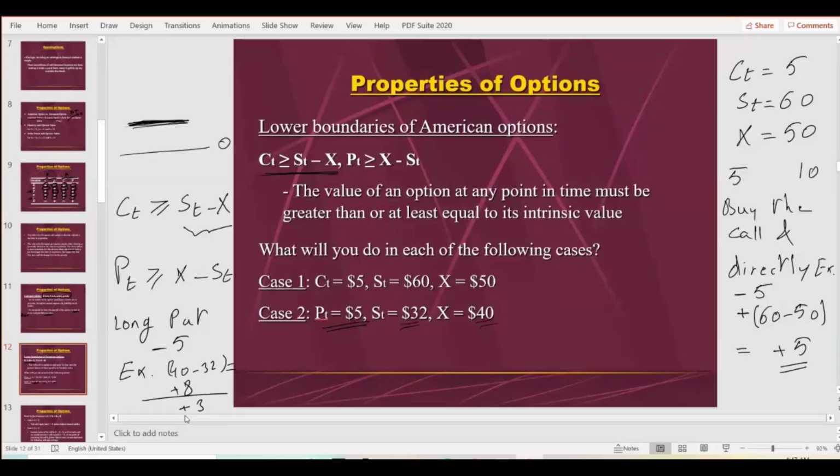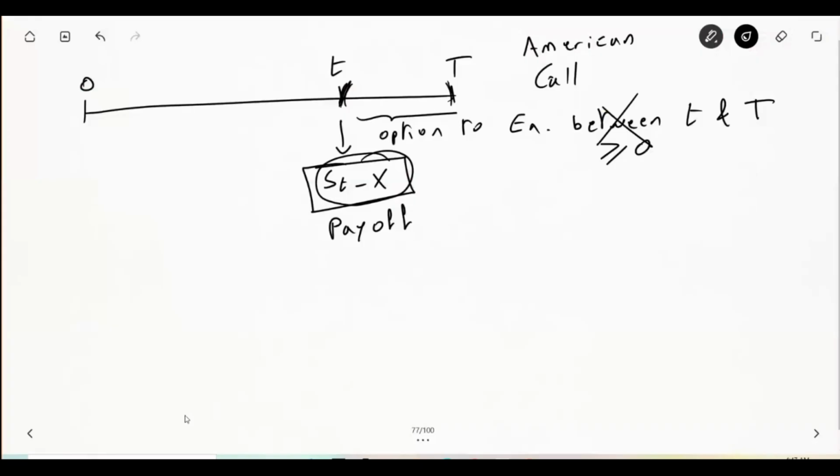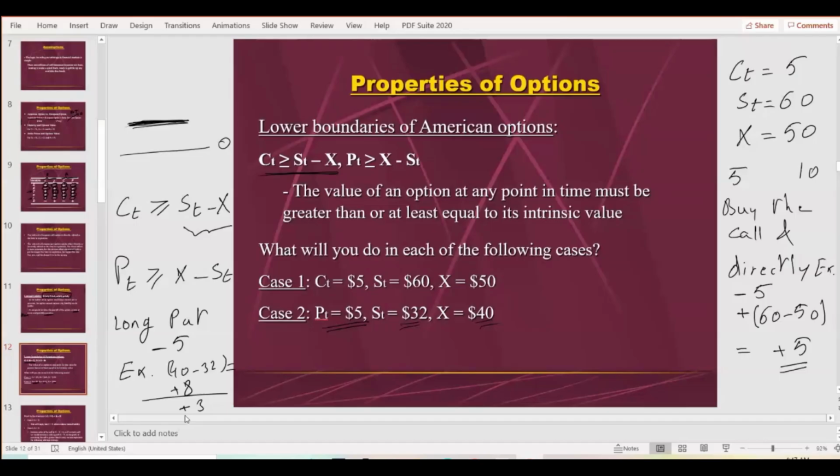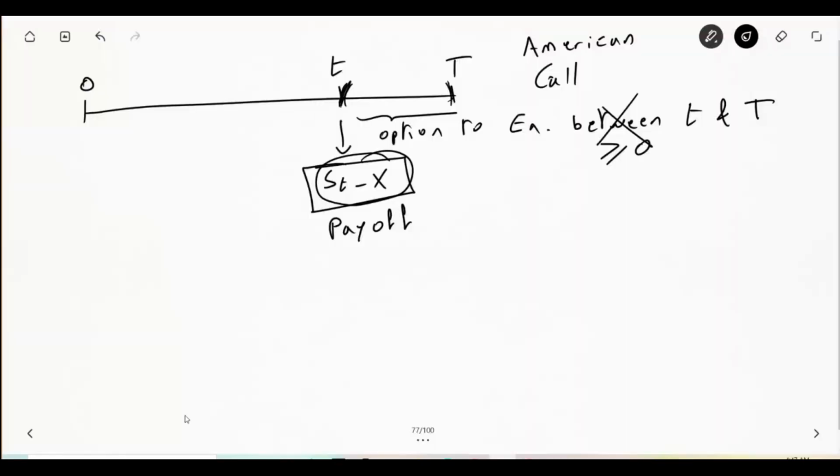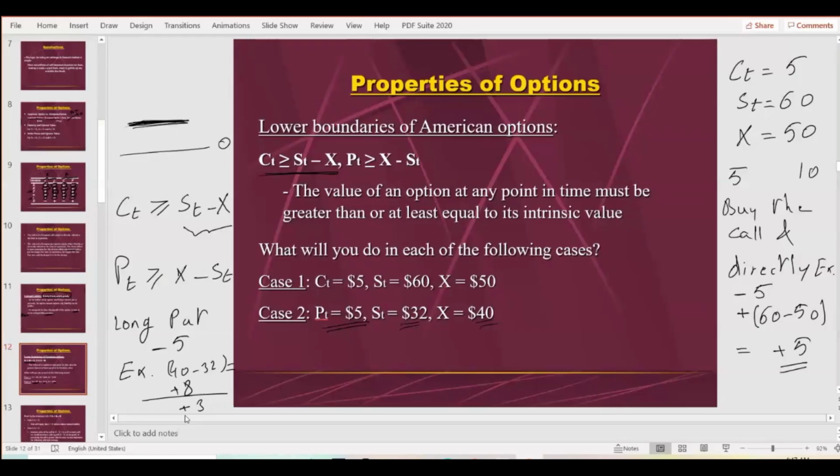Now, the difference between my explanation here and those examples is that in those examples, I'm saying that most of the time for American options, C should be greater than or equal to 10.